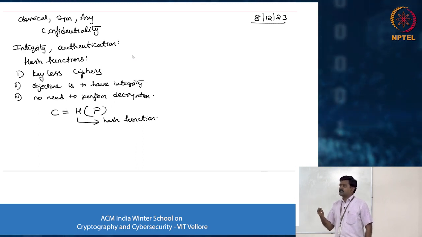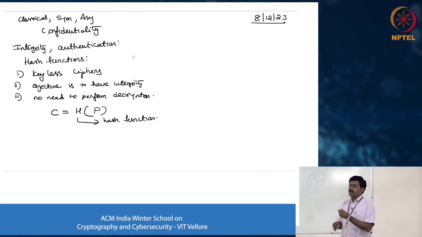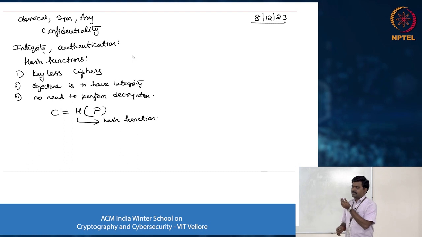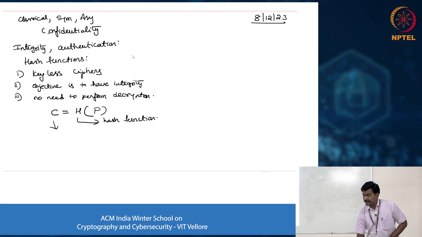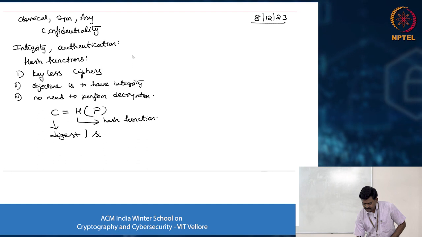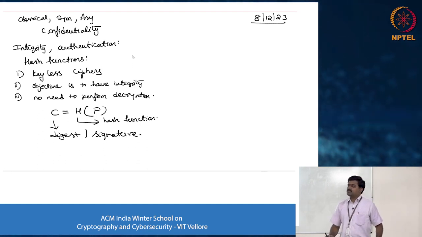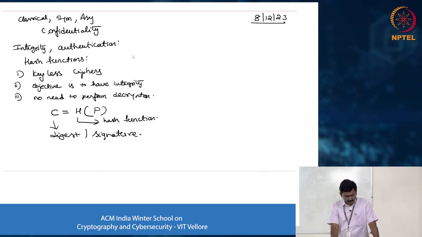But the point is, is it decryptable? No, it is not for decryption. So what I got is called the digest. This is not actually a ciphertext, rather it is the message digest or signature. So the output of the hash is the digest or the signature.